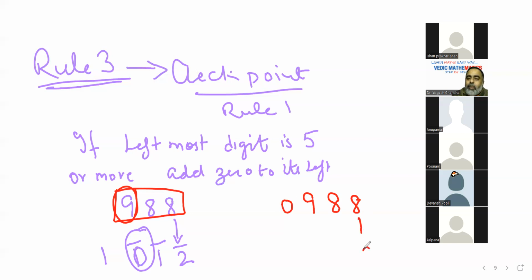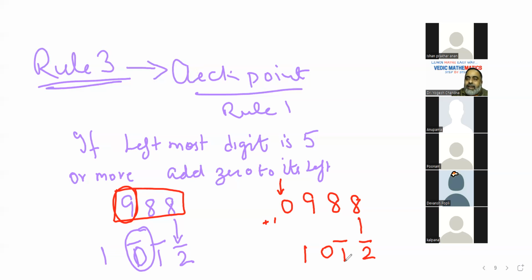See, again, 2 bar, 1 bar, 0. This was R2B. Here, the number is less than 5. So what do we do if it is less than 5? We add 1. 1, 0, 1, 1, 0, 1 bar, 2 bar. If you check, 1000 minus 12 is 988.